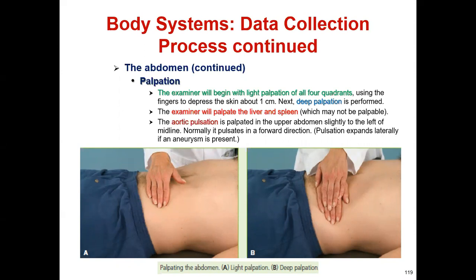In this picture, we can see the upper hand is used to exert pressure, while the lower hand is used to feel. This hand we use to put the pressure, and this lower hand we try to feel any pathology inside the abdomen.